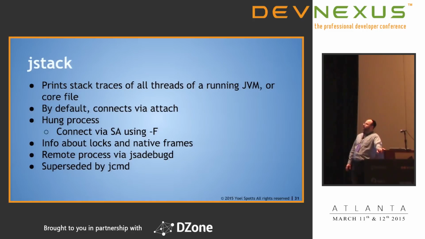But what's especially useful, I've found, is if you have a hung process, right? You can't connect to it, can't do anything with it, and you want to at least see the stack trace. If you run Jstack without any parameters, you won't get anything back, because Jstack, again utilizing the attach API, requires a certain amount of coordination between the client and the running JVM.